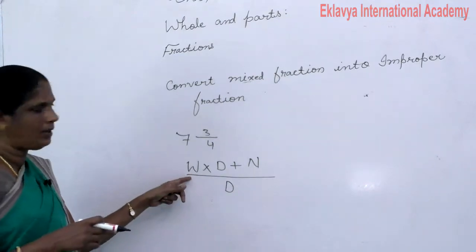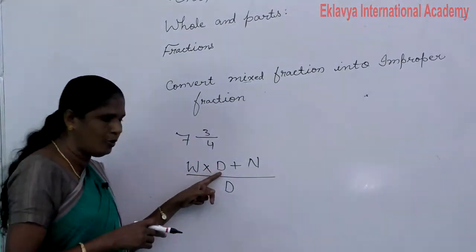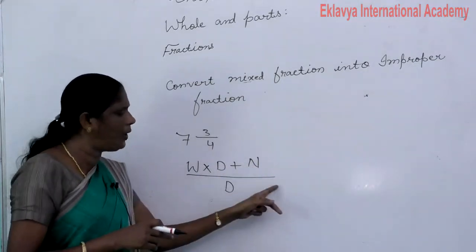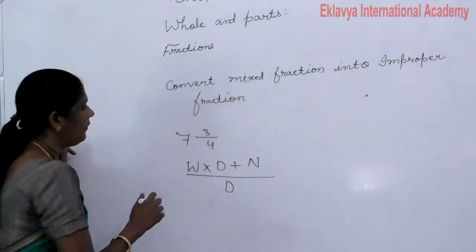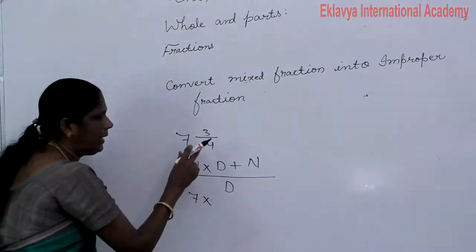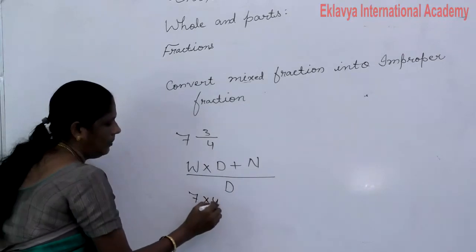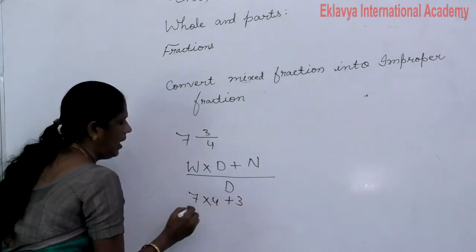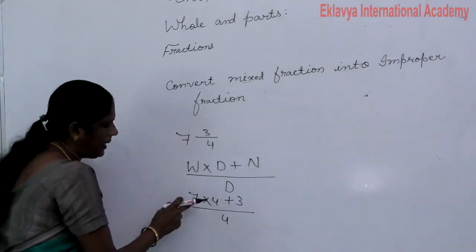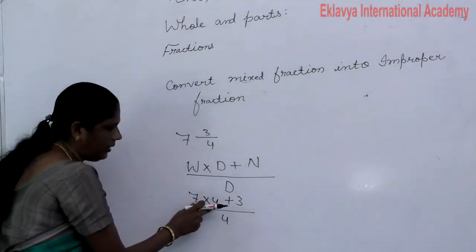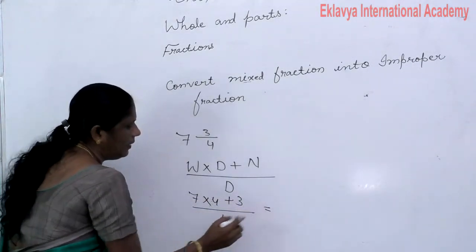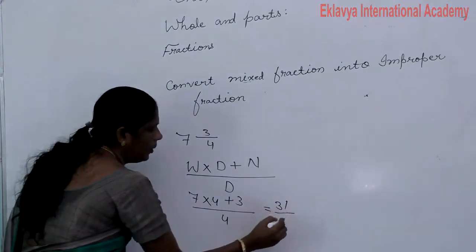Whole number multiply denominator plus numerator upon denominator. What is our whole number? 7 multiply 4 plus 3 upon 4. Now you multiply 7 4s are 28, 28 plus 3 is 31, then upon 4.